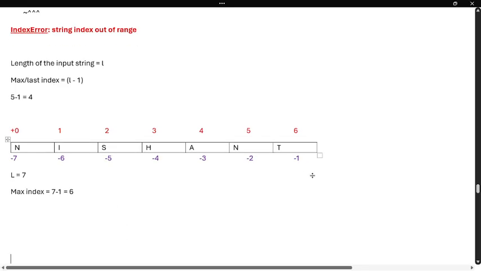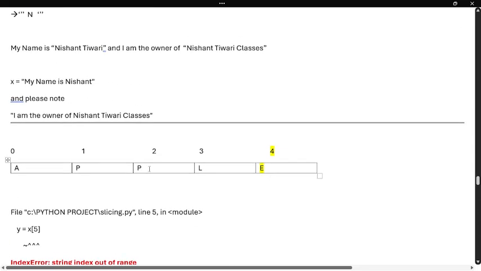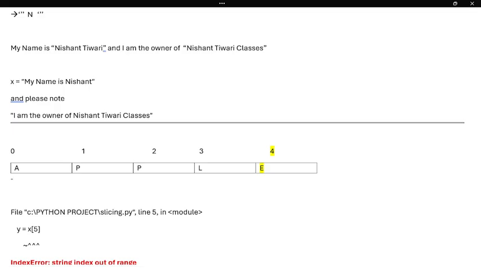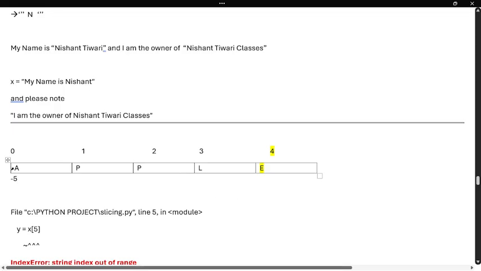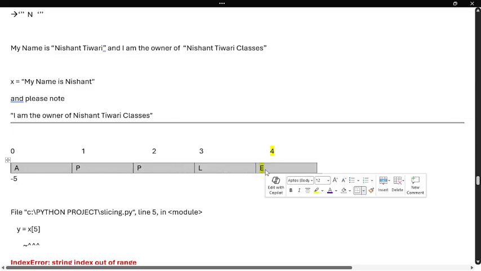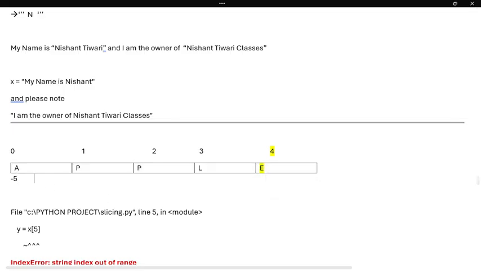Now let's see in the case of apple, sir. What will be here, sir? -5. What is the length? Length is nothing but 5. So -5, P will be at index -4, -3, -2 and -1.